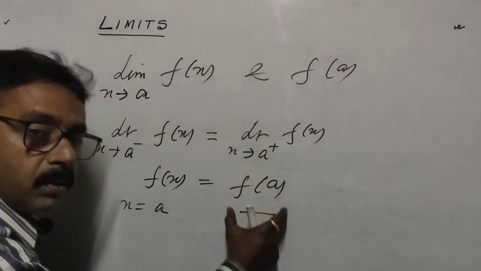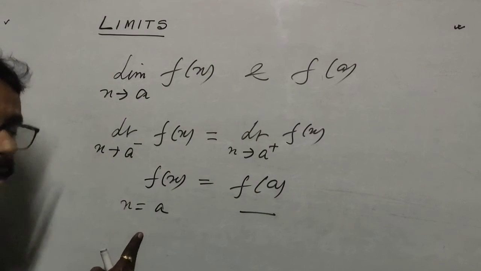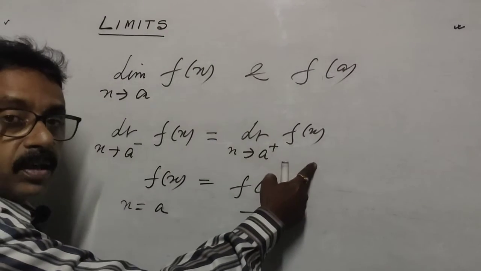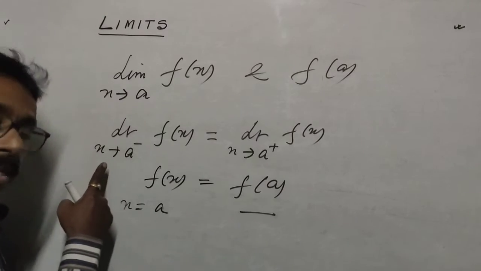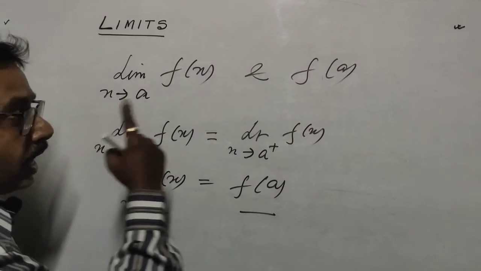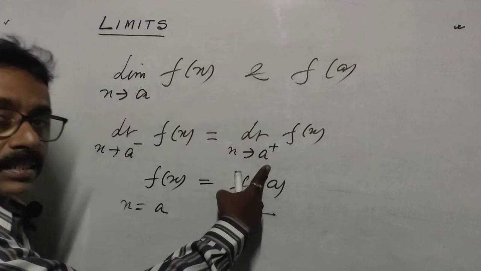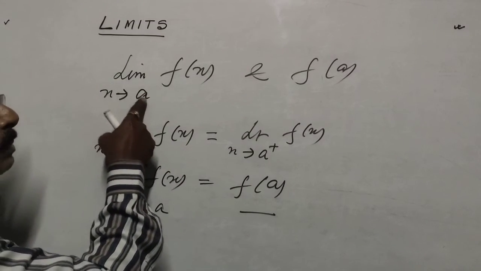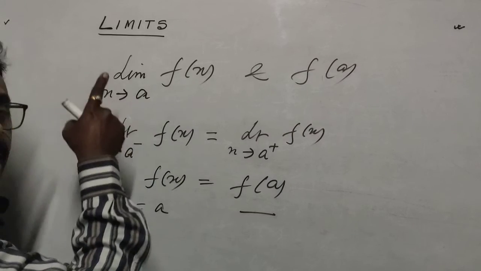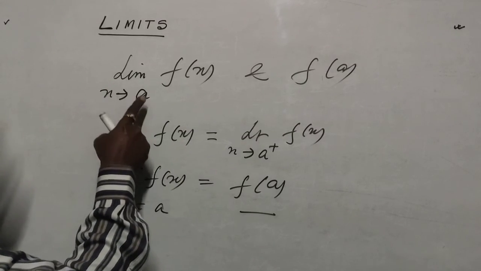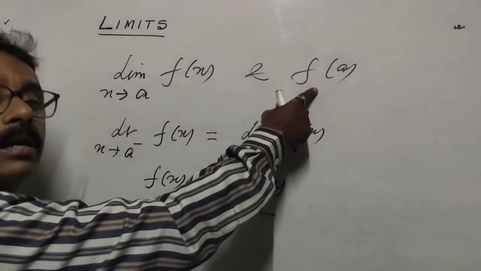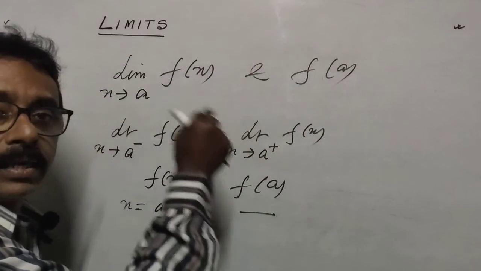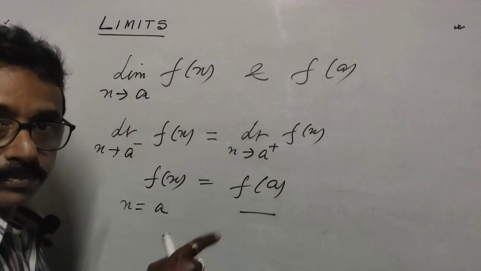So this is the value of the function when x is a, and these are the limiting values of the function when x is very close to a from the left hand side and from the right hand side. When these two are the same, then limit x tends to a of f(x) exists. So this is the limiting value of the function, and this is the value of the function exactly at x equals a. Thank you.